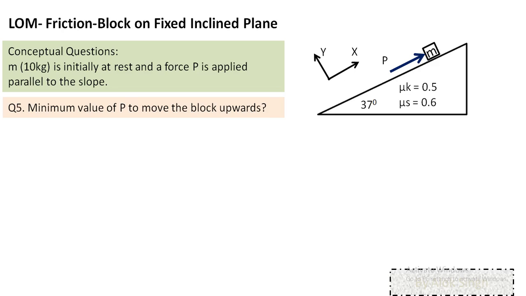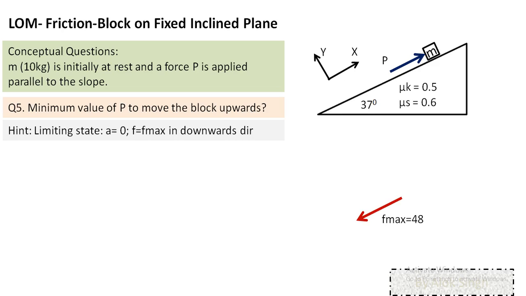Hint is, the moment we have minimum value of P, we must solve for the limiting state, which has two conditions: a is equal to 0 and friction force is equal to maximum value. Hence, in this case, friction force will be equal to 48 Newton, and since the block is on the verge of moving upwards, friction force must act in the downward direction. Friction force f max, downward direction.